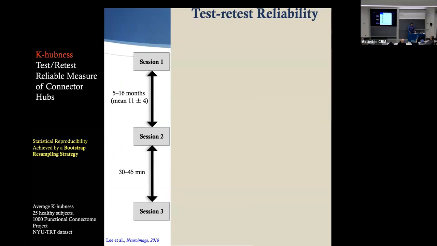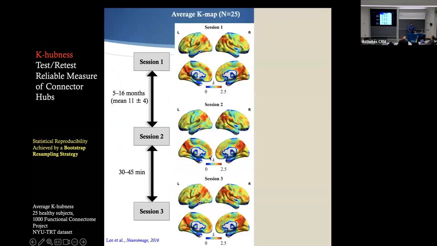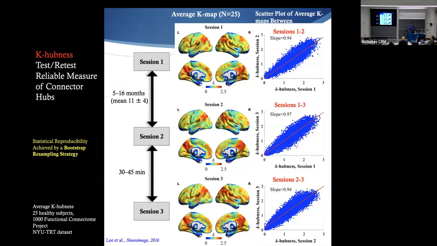This is the New York test-retest data set. So 25 subjects who were scanned 3 times, between 5 to 16 months apart, and 30 minutes apart. And at the average level, you get very similar average hub maps on those 3 sessions. So it was very reproducible at the group level.